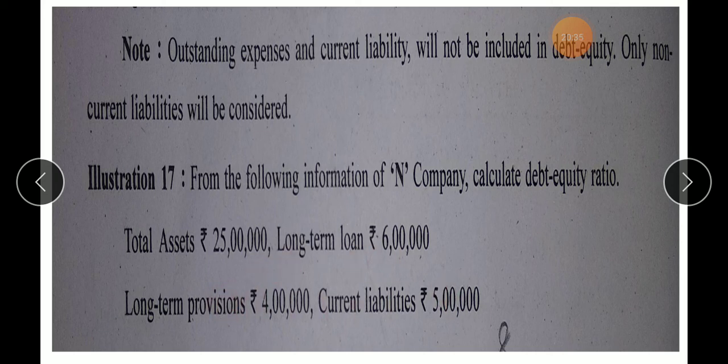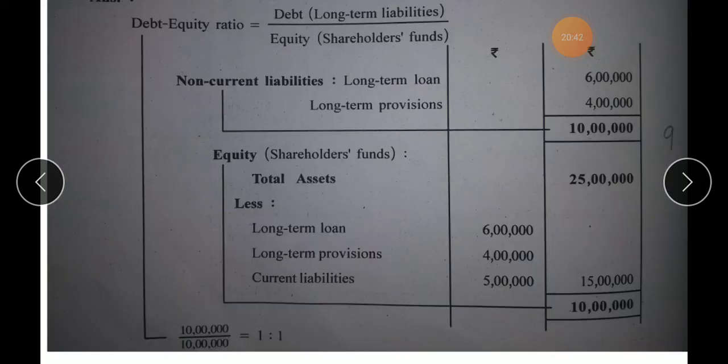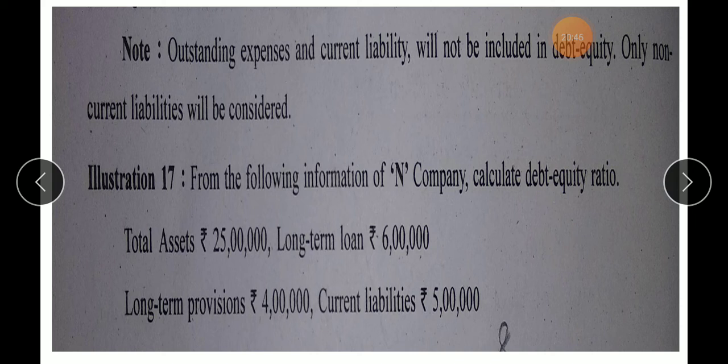Long-term liabilities and current liabilities are given. We have obtained 10 lakh as the total of non-current liabilities. The second question is how to obtain shareholders' funds. Firstly, total of asset side is 25 lakh and so the total of liabilities side is also 25 lakh.